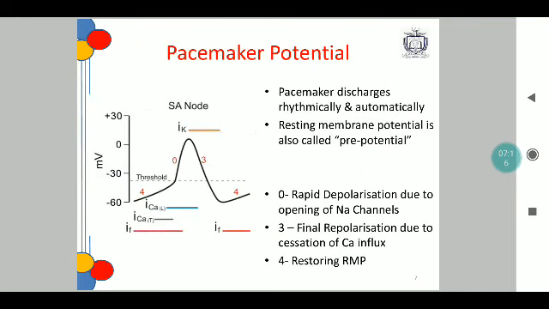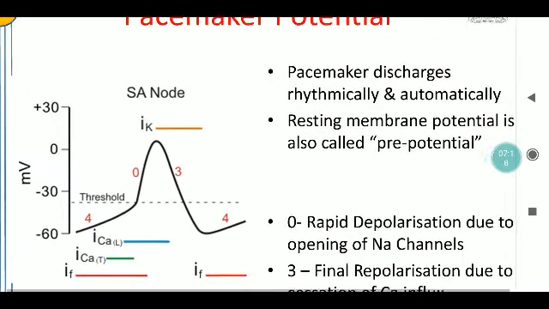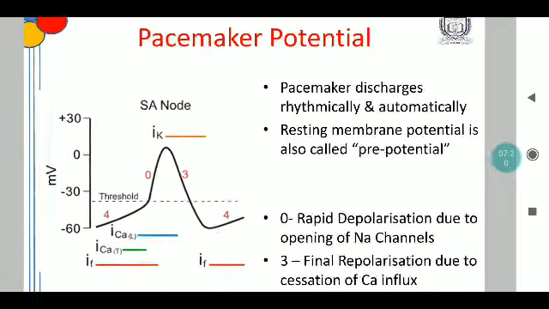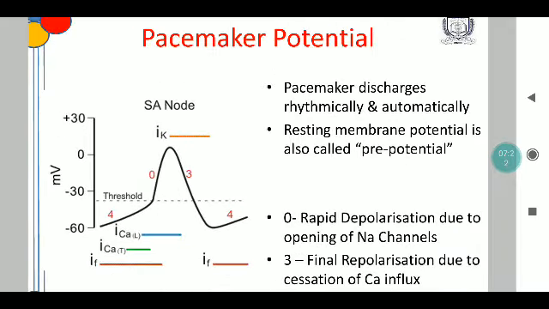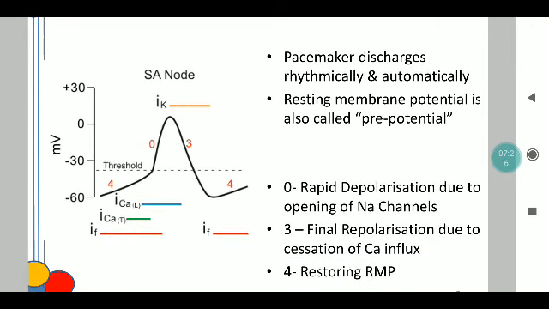Now, subsequently, what we see is also called a pacemaker potential. A pacemaker is what discharges the rhythm and ensures that automaticity is maintained, and the resting membrane potential is also called the pre-potential. Now, if we understand in this chart, the elements of 1 and 2 are taken out.